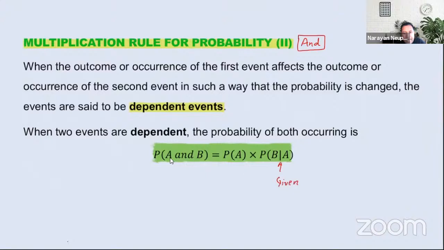So probability of A and B is equal to probability of A times probability of B given A. So it is very similar to the previous formula. In the previous formula, we used to have probability of A times probability of B, but here the probability of B depends on A. That's why B given A. That's how we have to write it down. So that is the formula. Let's take an example so that this formula will be more clear to you.